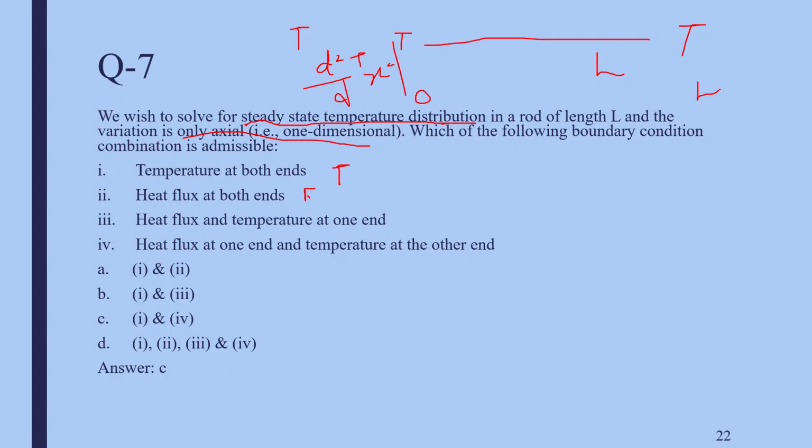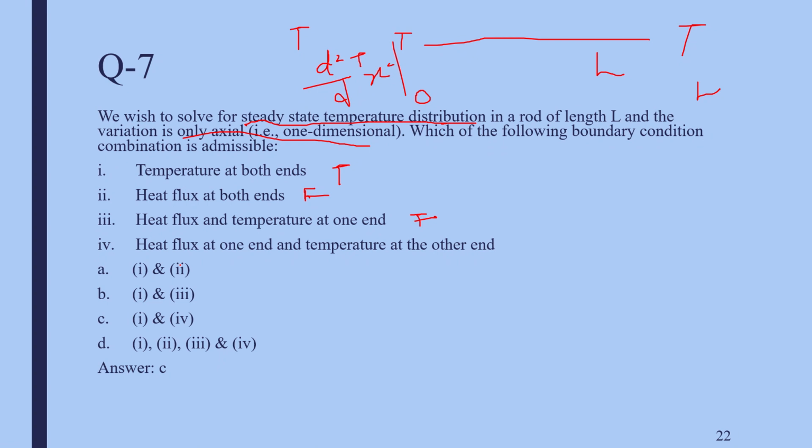It is not possible to use it as a boundary condition, because what is the use it is making? Think about it logically. We already know the temperature at that particular end, and if we additionally add heat flux, it does not make any sense. So it is false. Heat flux and temperature at one end doesn't make sense.